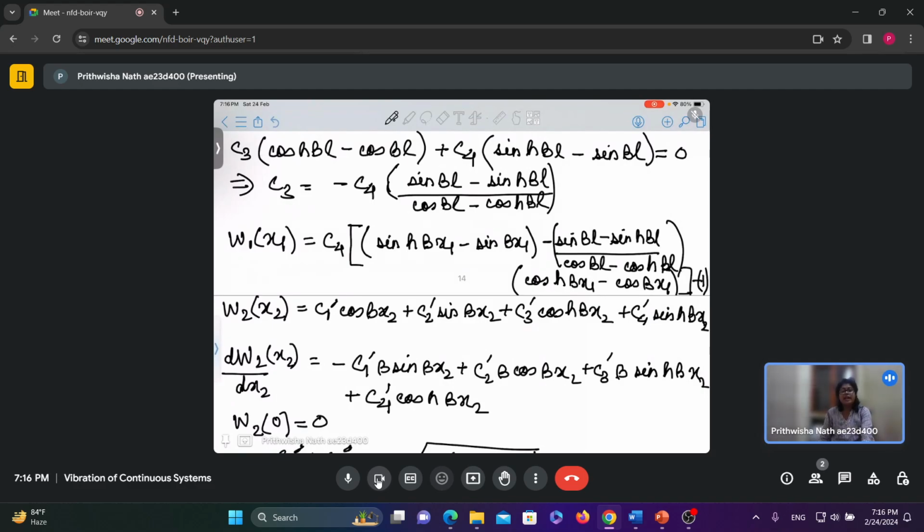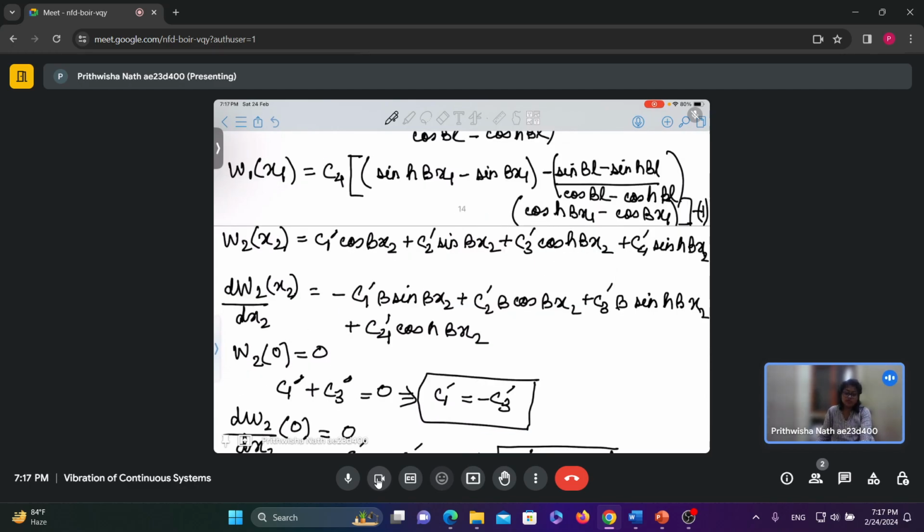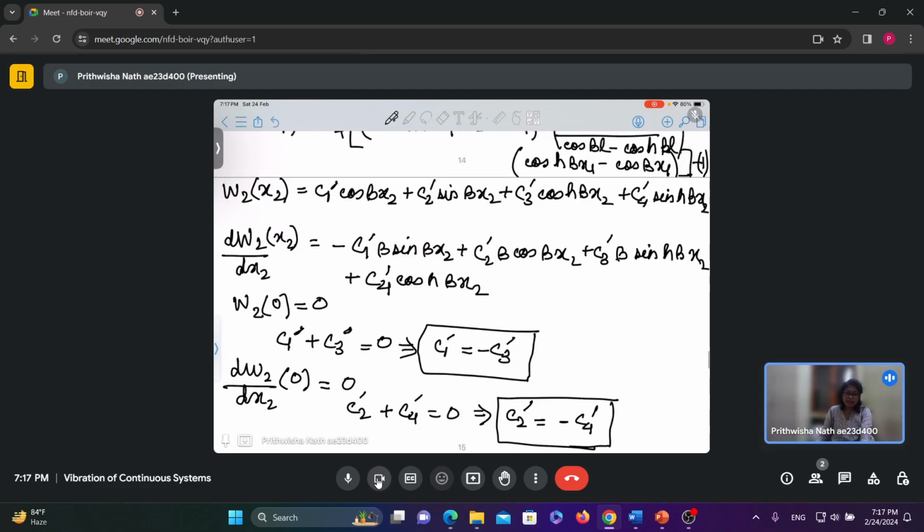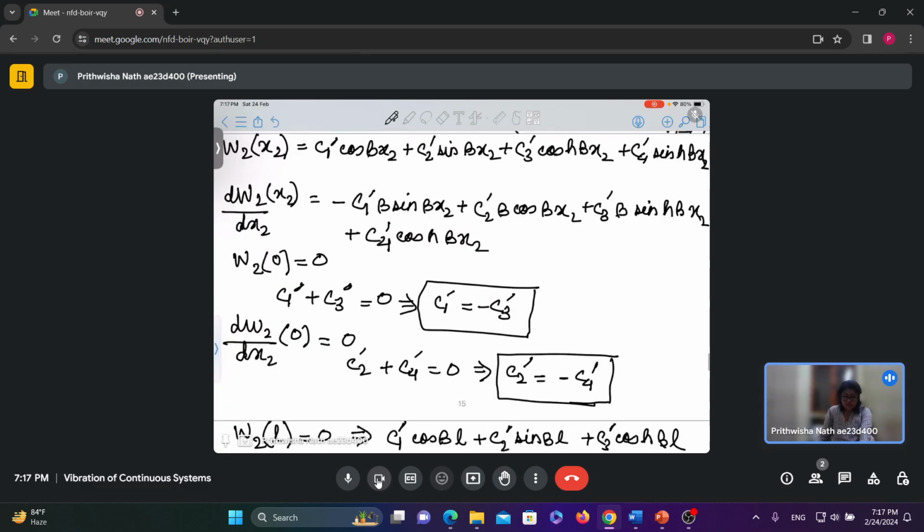Again, I write for the second coordinate x2, W2 in terms of x2. Now I differentiate W2 similarly with respect to x2 and set W2 at x2 equals 0 to 0, which gives me the relation C1 prime equals minus C3 prime.